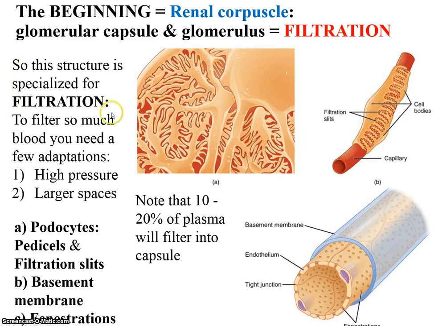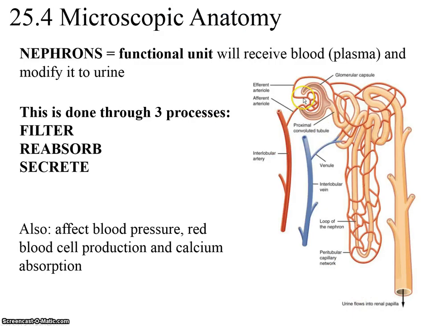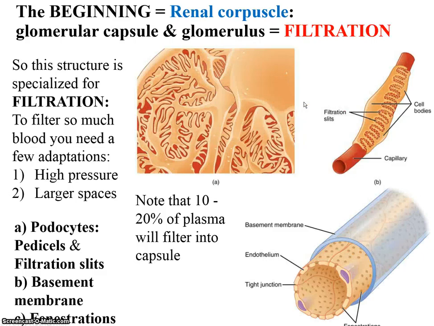And that process is called filtration. So we have larger spaces, and I just showed you how we got those larger spaces. And then we have high pressure, and high pressure comes from the fact that this glomerulus is between two arterioles. So we can keep pressure very high in here, much higher than a normal capillary bed.